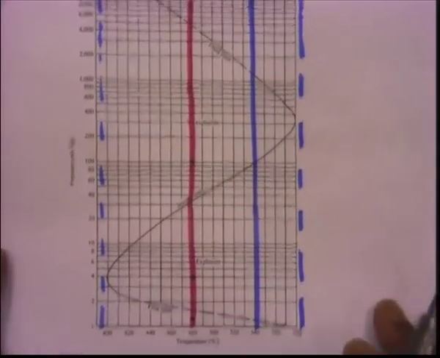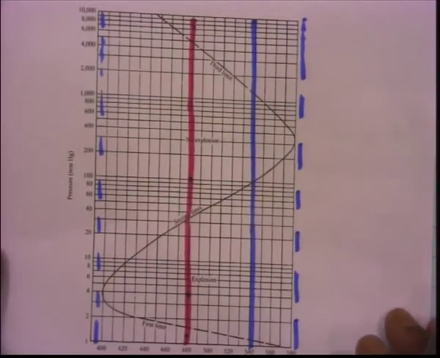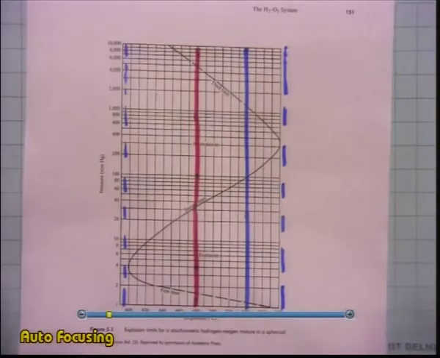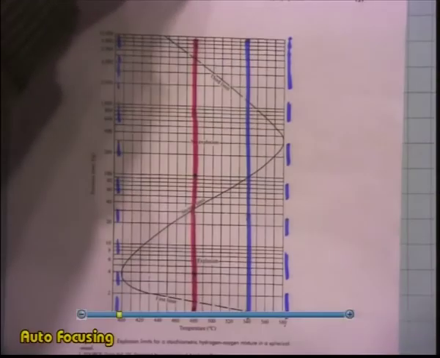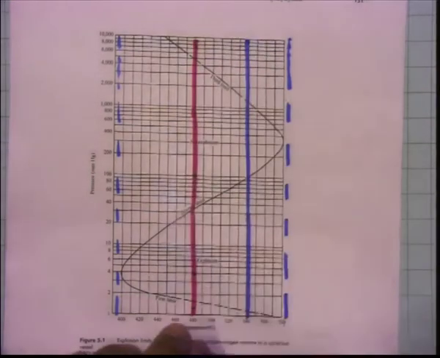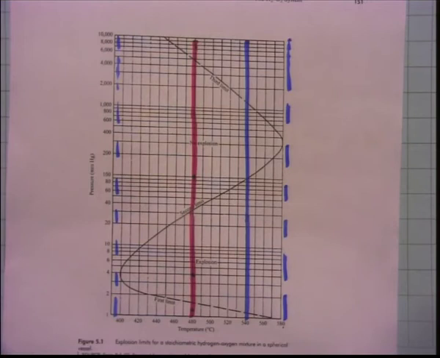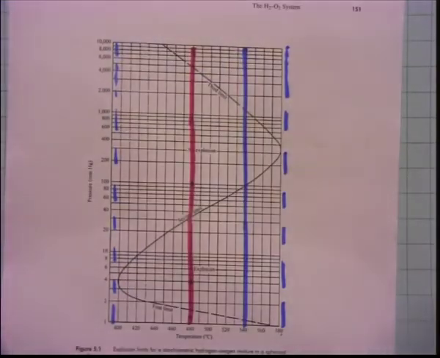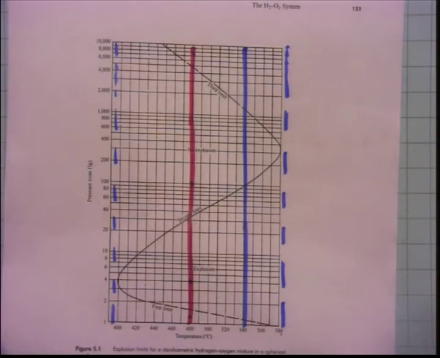We chose one isotherm, but we could have chosen some other. If you choose this blue, the trend would have been similar: no explosion, explosion, no explosion, explosion. Only the distance between the two limits would have changed.